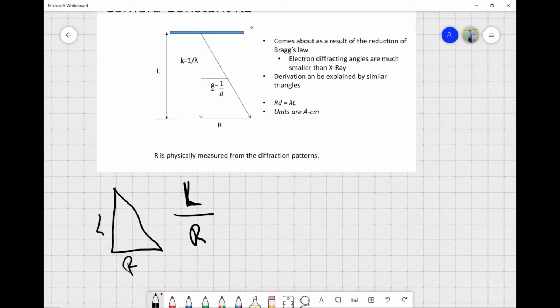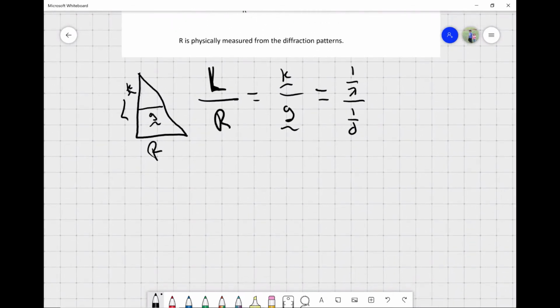And then we have our little baby triangle here, which is K and G. So we can say L over R equals K over G equals 1 over lambda over 1 over D. And so we can rewrite now L over R equals D over lambda, because of how this goes down and this actually goes up, because you're dividing by a divider.